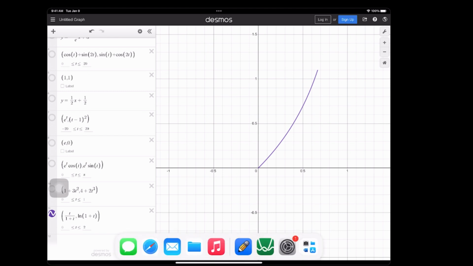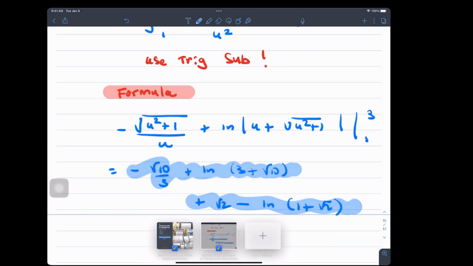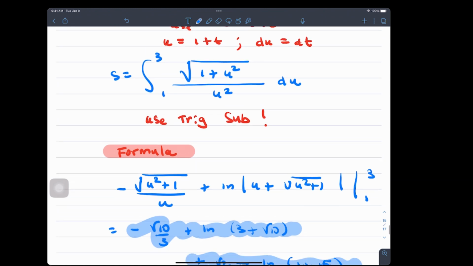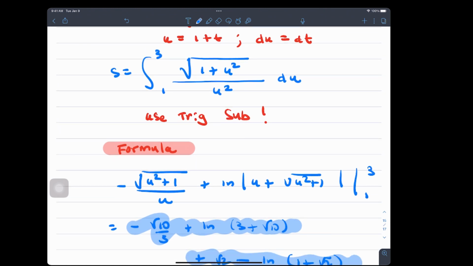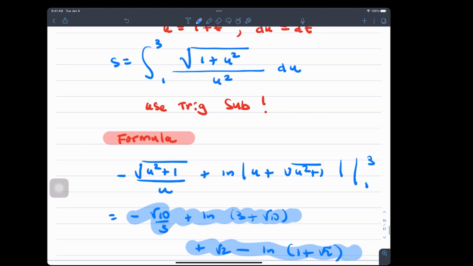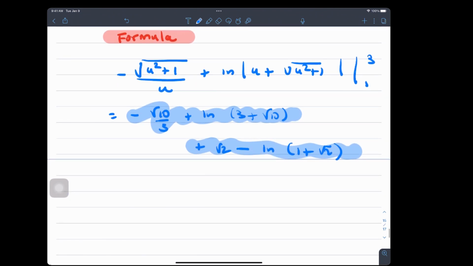Generally speaking, like I've always told you guys, you can't find the exact arc length. This is why some questions in the book say set it up only. Sometimes they'll tell you, just set up the integral. Don't even do it. The reason they say just set up is because you really can't integrate.